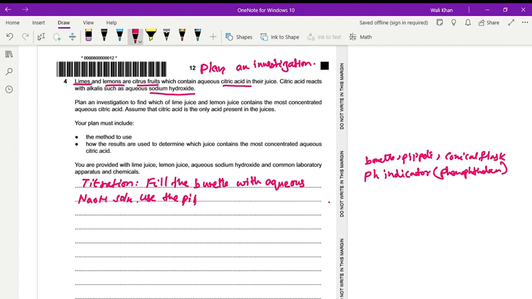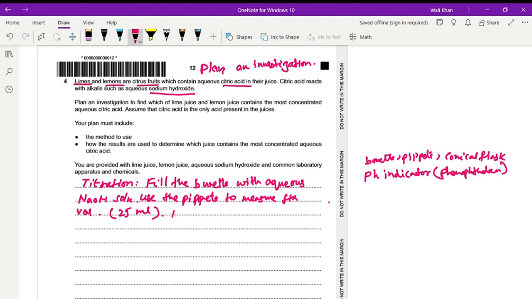Use the pipette to measure a fixed volume, about 25 ml.